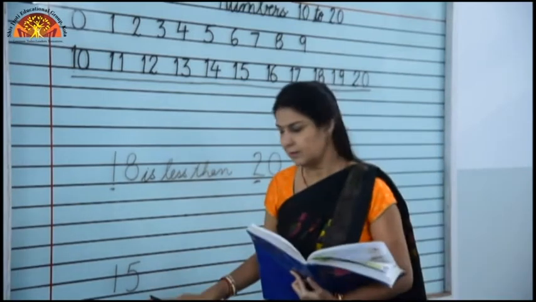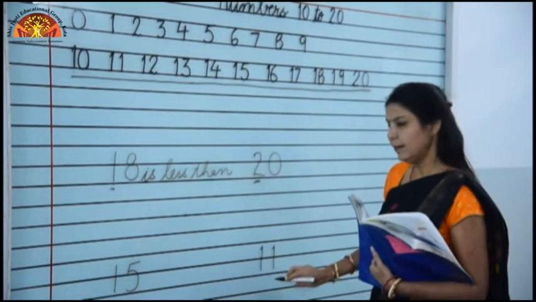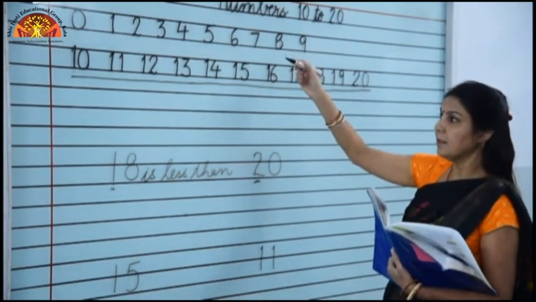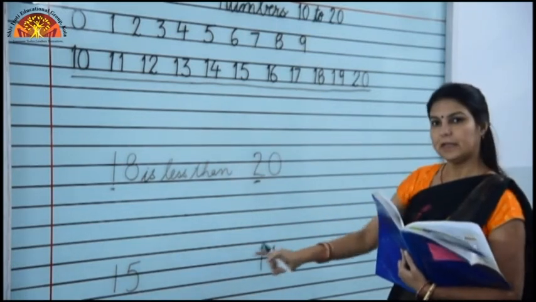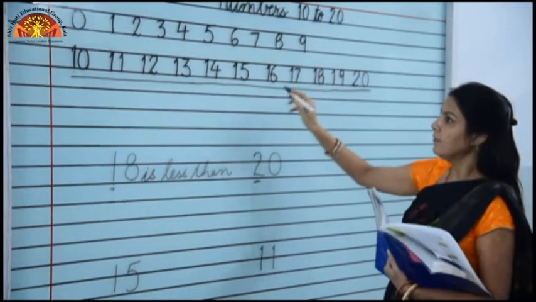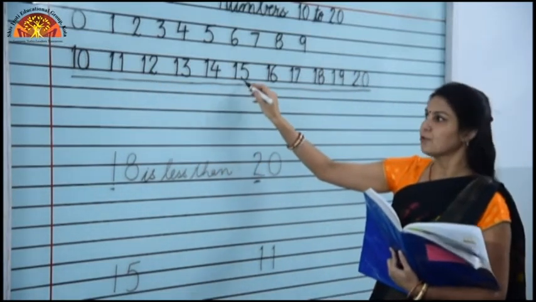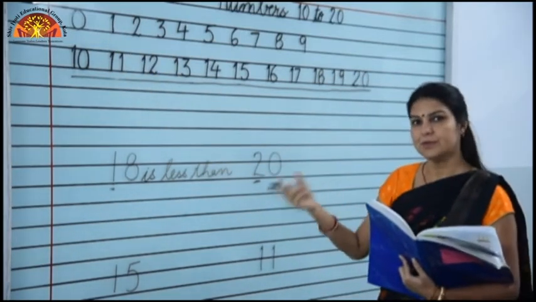Let's see another question. Numbers are given 15 and 11. Now look here in the counting, which number is closer to 0 between 15 and 11? Here 11 is coming first and 15 is coming later. So 11 is near to 0. 11 is closer to 0.